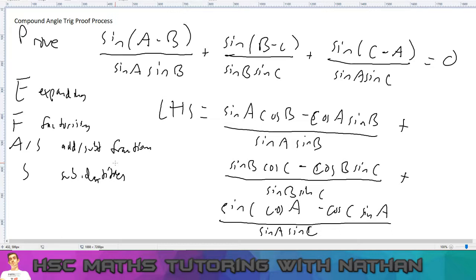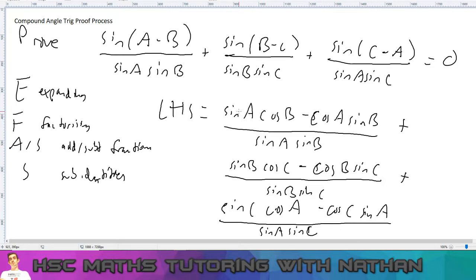This list will help you do 95% of trig proofs. This one falls in the 5% that it doesn't. If you want me to show you this list properly in a future video with a couple of examples, just comment below, but I now want to show you a special trick.